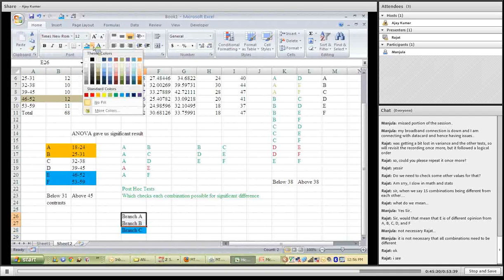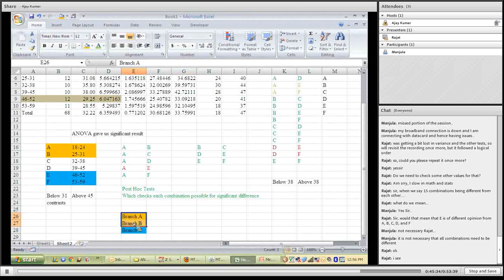So let's give them this color. I clubbed these two branches. What if I would like to see a difference between these two? This combination is actually possible by using contrast tests.